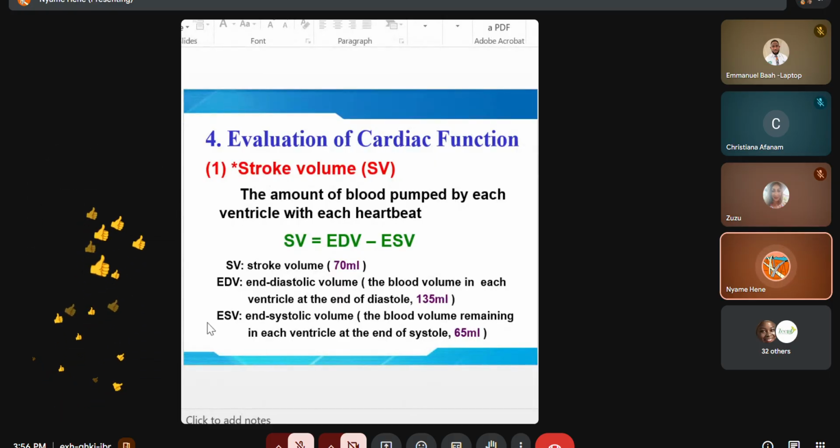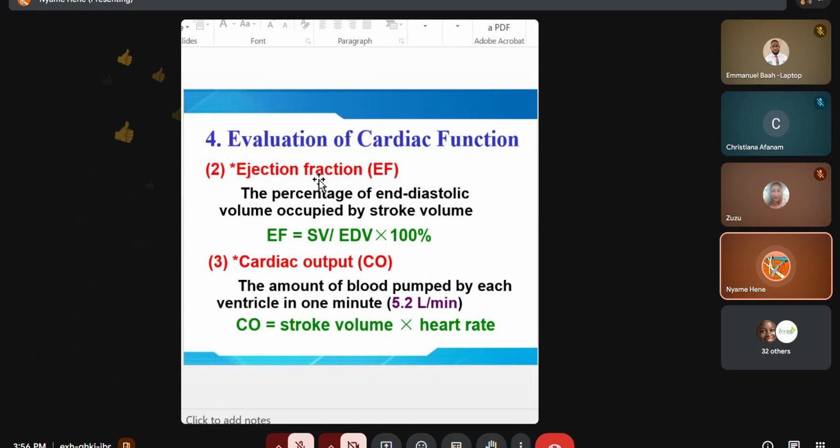So that is stroke volume. Now, ejection fraction is what? It's expressing or finding the percentage of the stroke volume from the whole bottle.